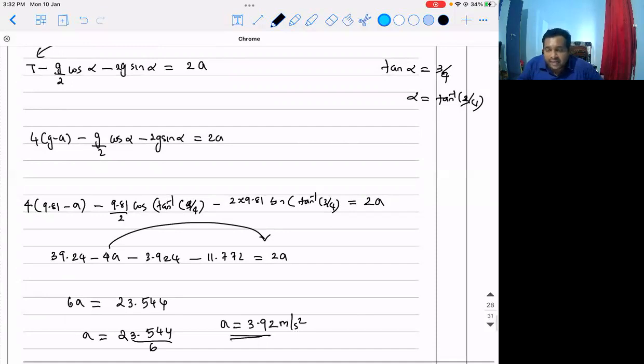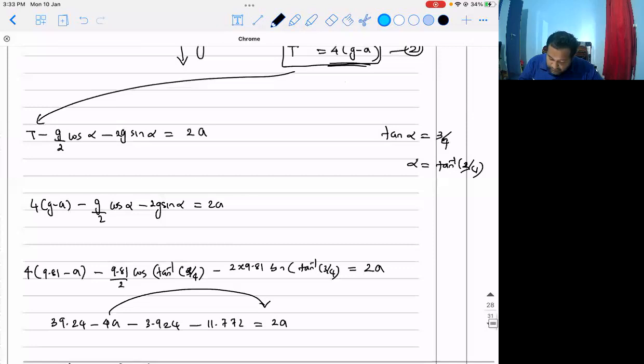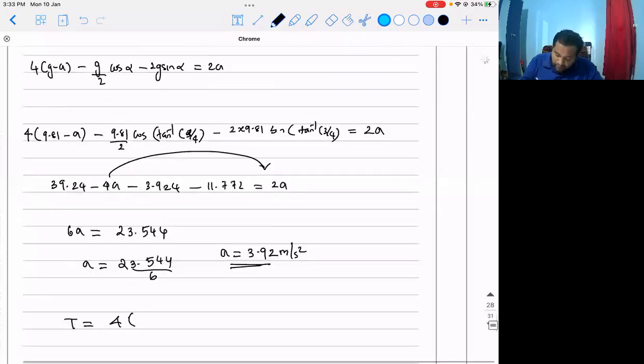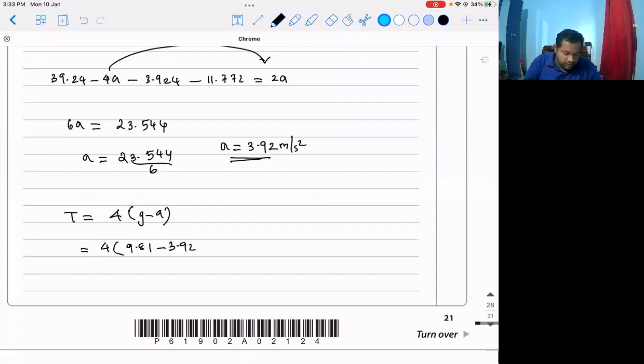So how does this acceleration help us? Because they are asking for the tension. Tension is what we have already derived in an equation: 4 times g minus a. So substitute 4 times 9.81 minus 3.9.